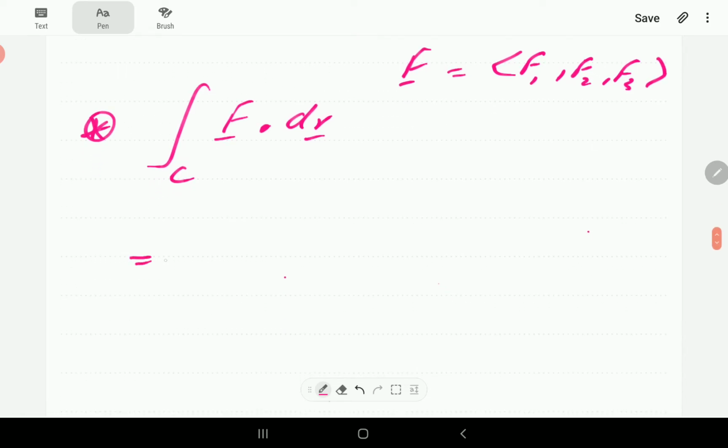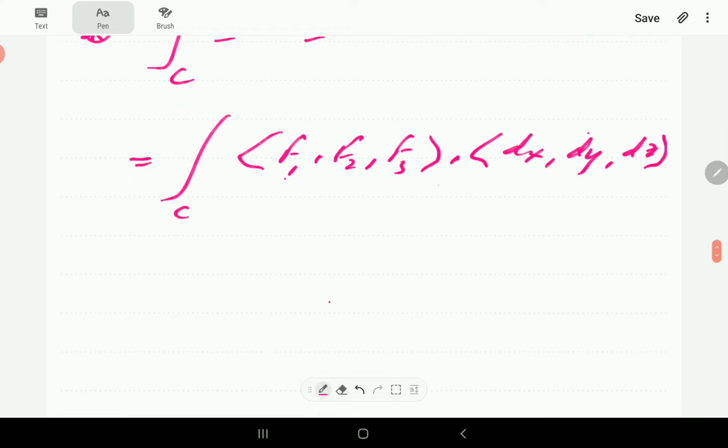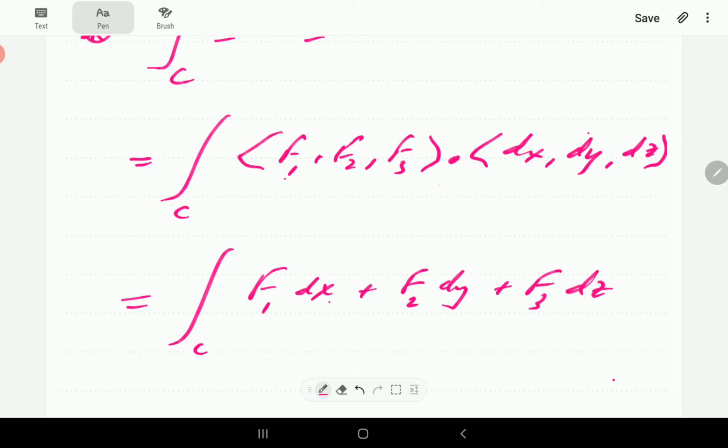So this we can write as f1, f2, f3, and of course dr is dx, dy, dz, as we have shown above. If we do this dot product, this is just going to be the integral of f1 dx plus f2 dy plus f3 dz.